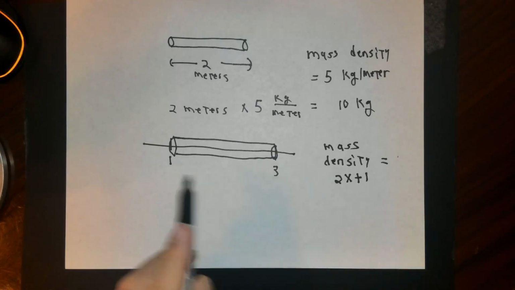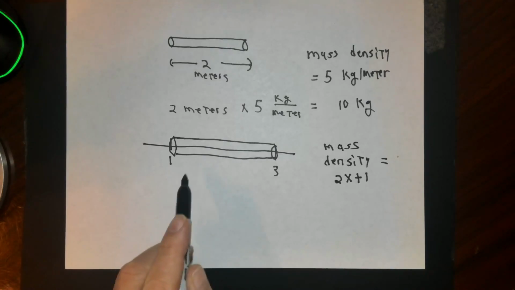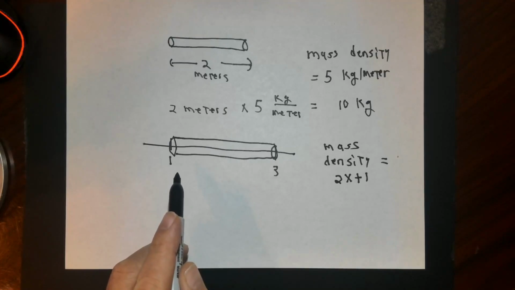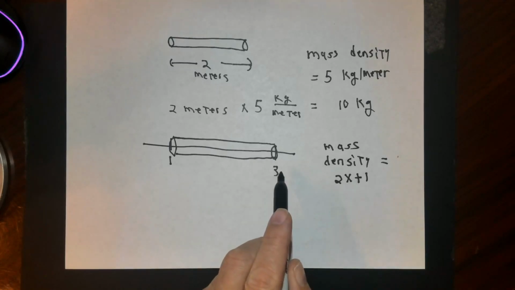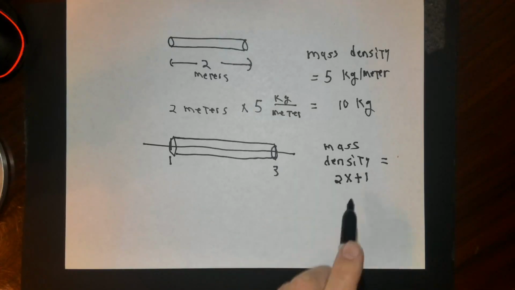Towards the left end, the mass density is about 2 times 1 plus 1, 3, while at the right-hand end, the mass density is approximately 2 times 3 plus 1, or 7. At other points, you will have other values for the mass density.